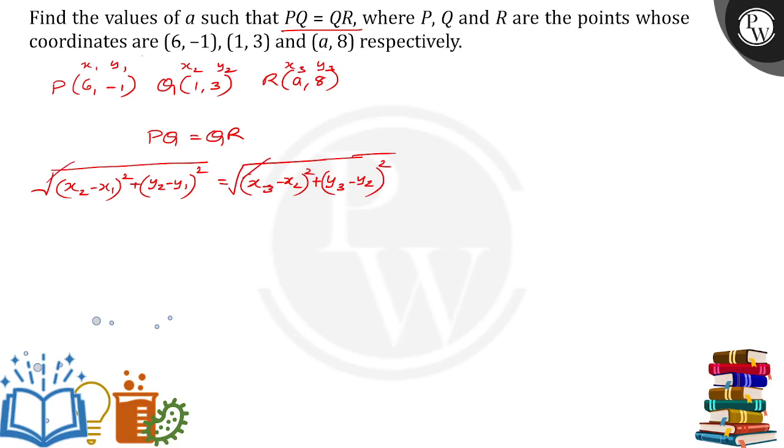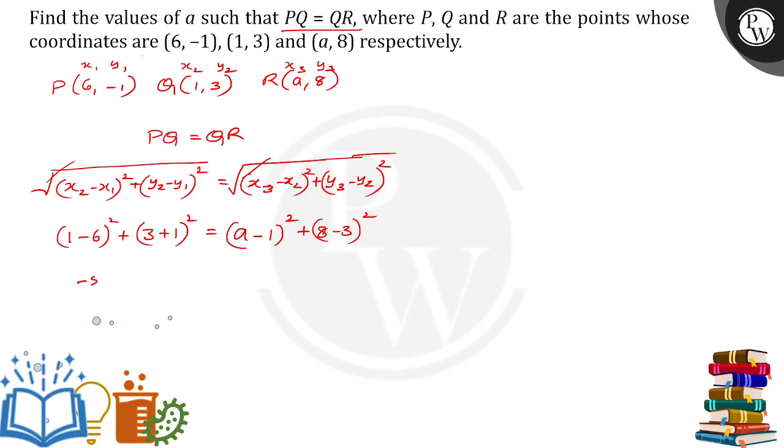Now x2 minus x1 whole square means (1 minus 6) whole square plus y2 minus y1 means (3 minus of minus 1), so (3 plus 1) whole square, equal to x3 minus x2, so (a minus 1) whole square plus y3 minus y2, that is (8 minus 3) whole square.